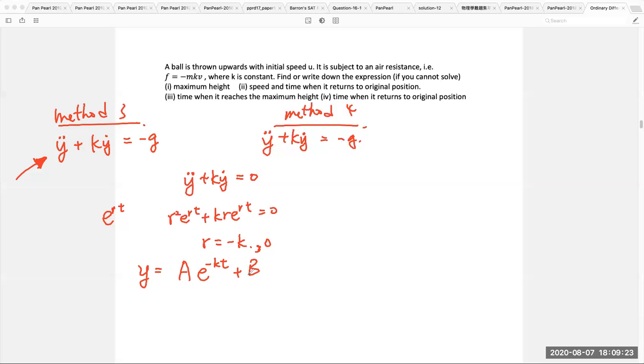And then for the particular solution, what is the order of polynomial that you need to choose there?